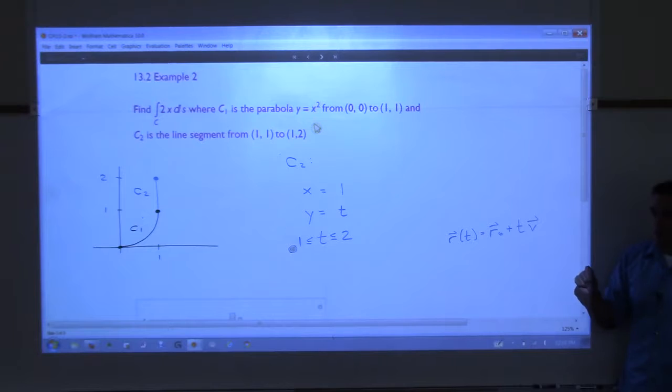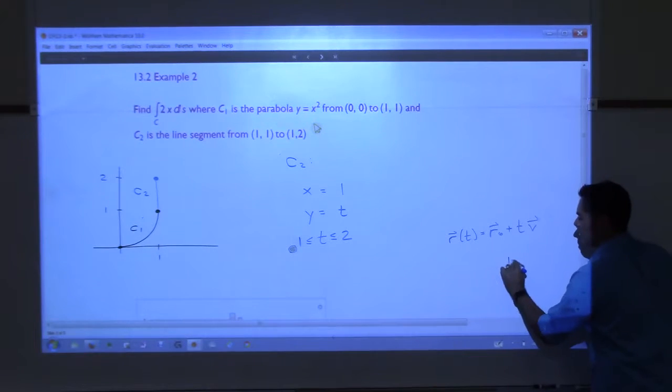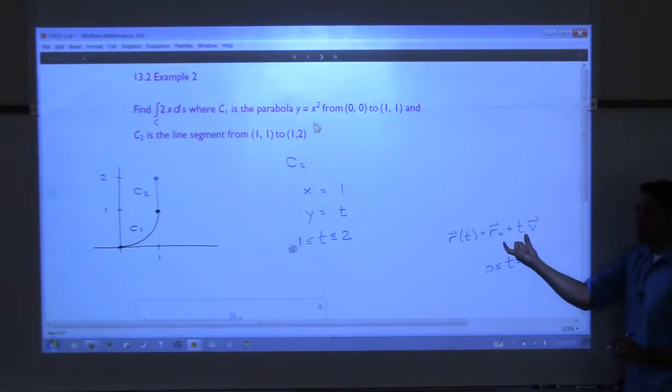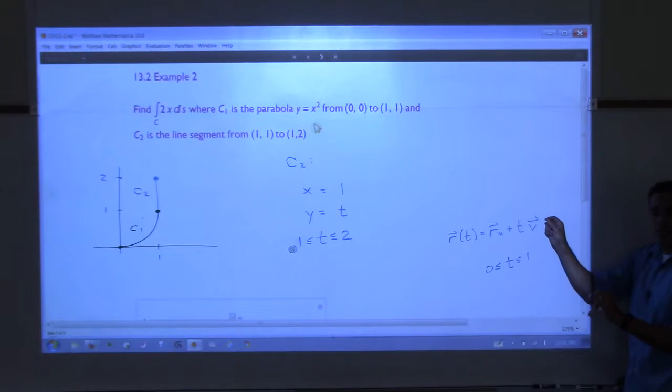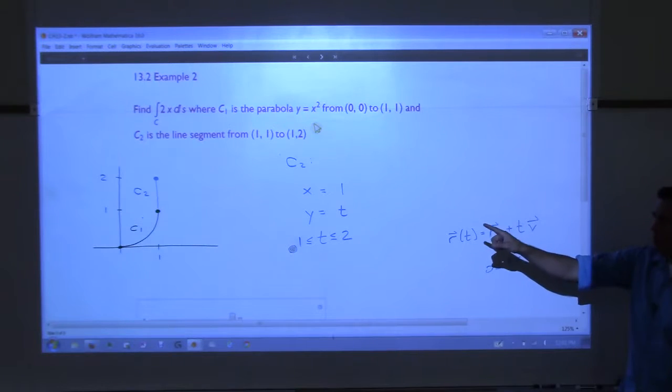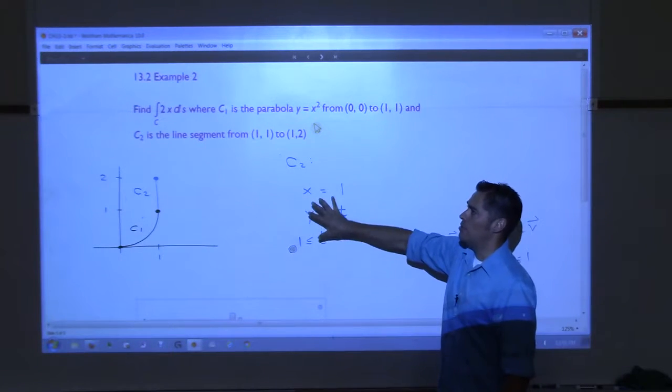And I told you that if you wanted to draw just the line segment, you could restrict t between 0 and 1 and use this formula. It would start out at r naught and end at the other end. We could use this. There's nothing wrong with this.